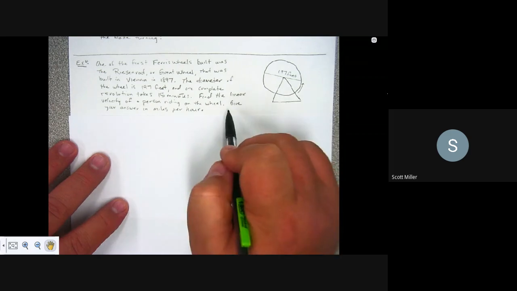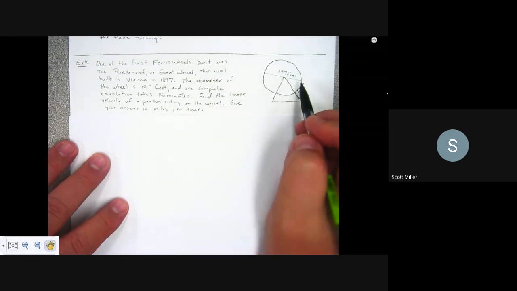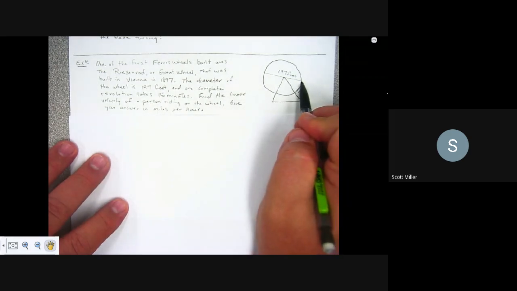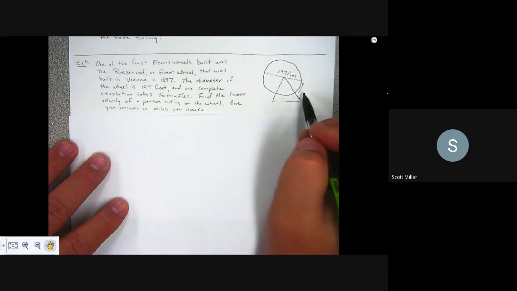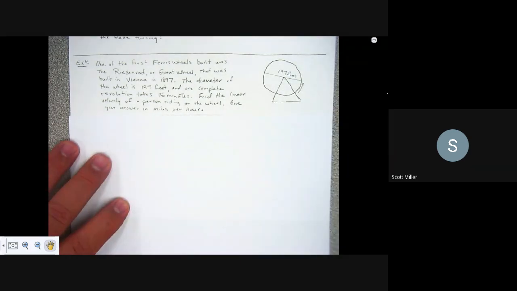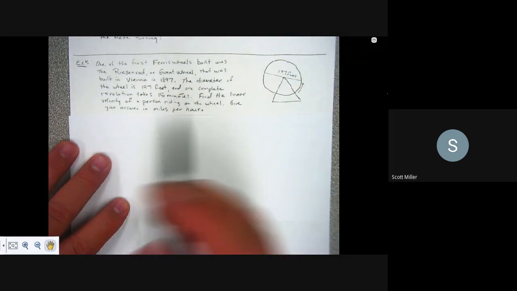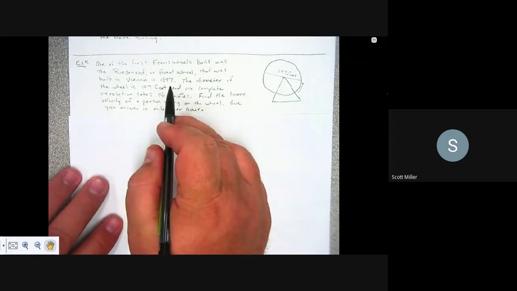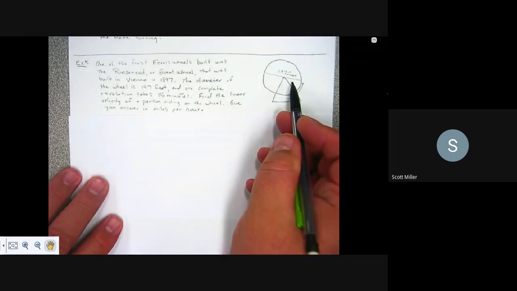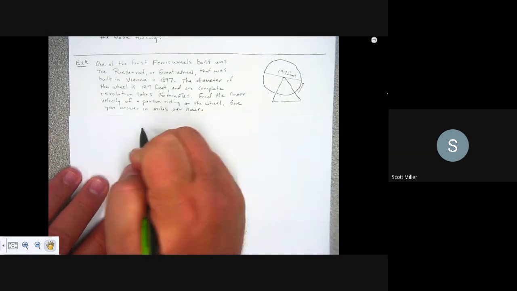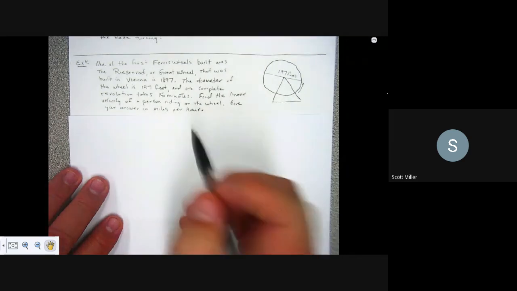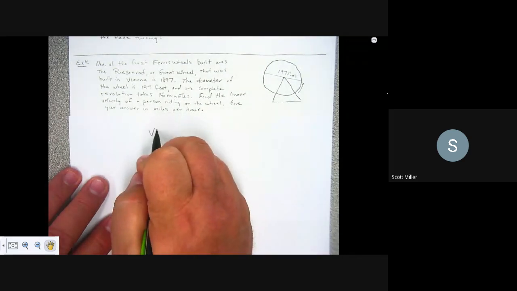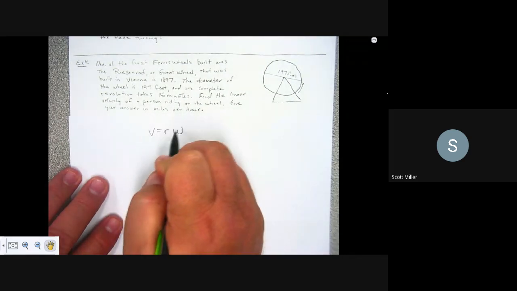Okay, we want to find the linear velocity of a person in the car riding on this wheel, and we want to get the answer in miles per hour. So we have our picture. If I'm going to do linear and angular speeds, which is what they're asking me to find, I have this formula right here that I'm going to use.